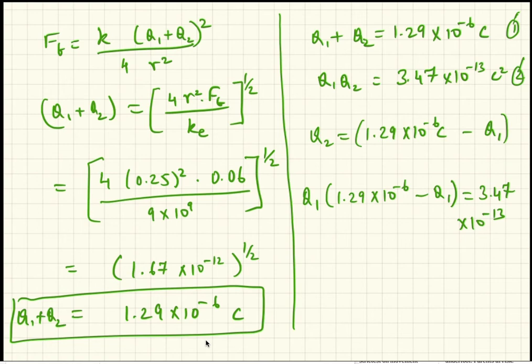This is minus Q1 squared plus 1.29 times 10 to the minus 6 Q1 equals 3.47 times 10 to the minus 13. That's the quadratic equation we've got to solve.